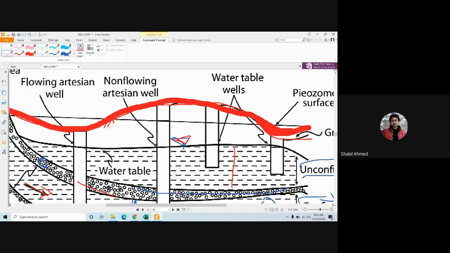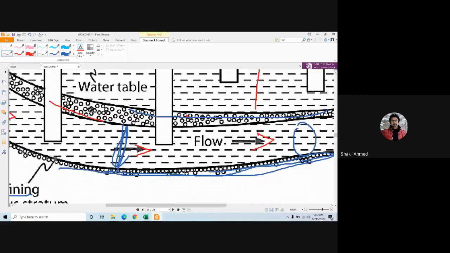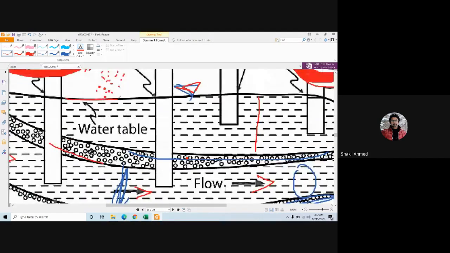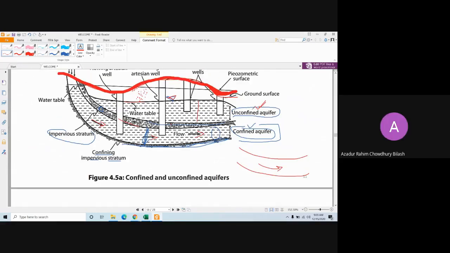Yes, there is soil particle, that's fine, but this is not an impervious stratum. That means this is not a solid rock. That means this is not confined. So this is an unconfined aquifer. Clear? Yes, sir. Okay.